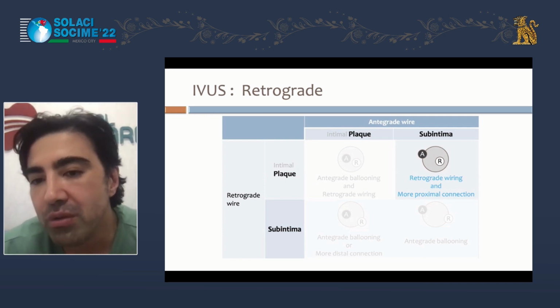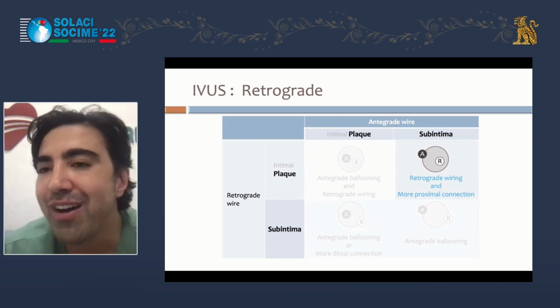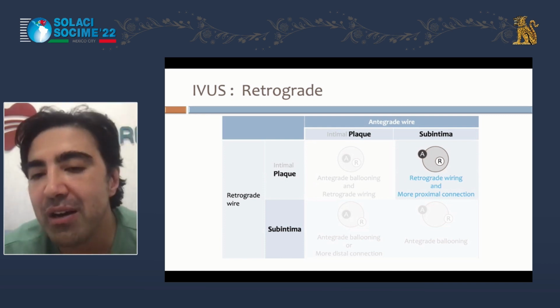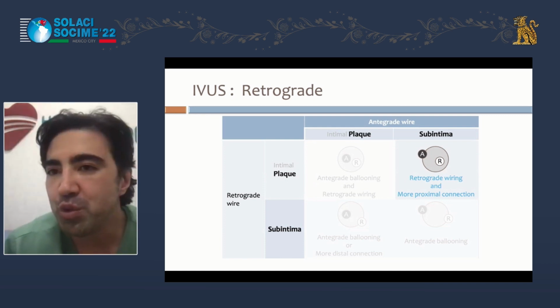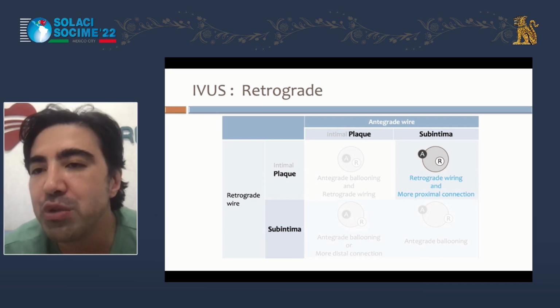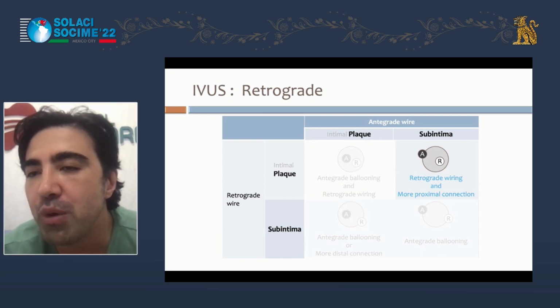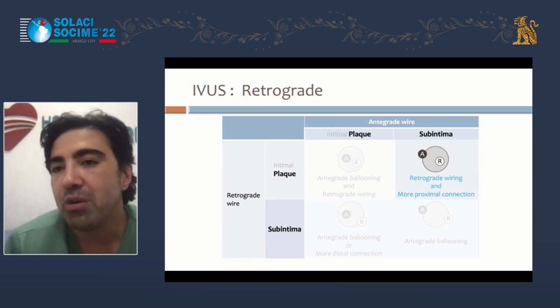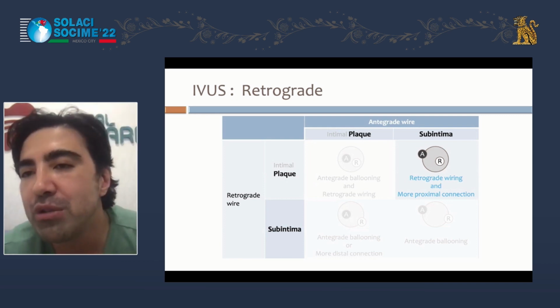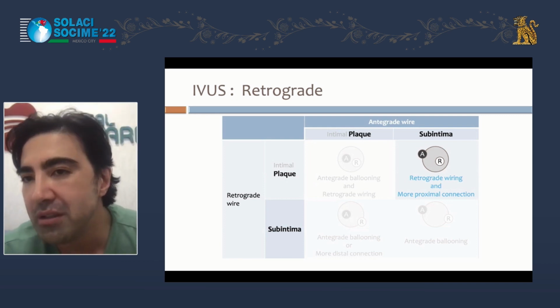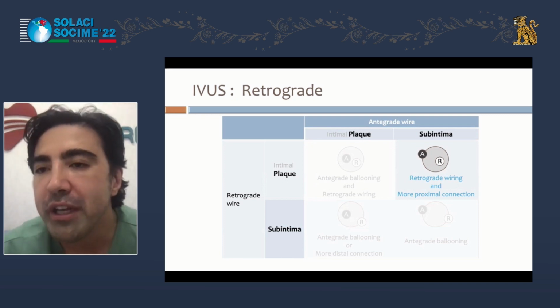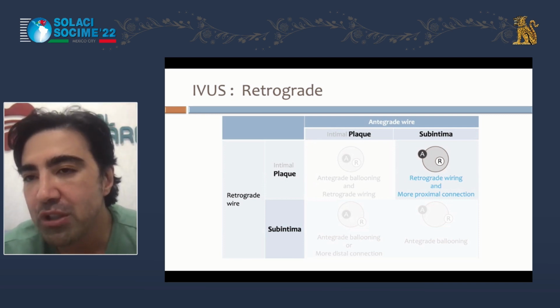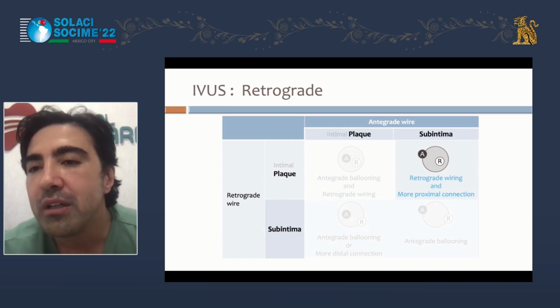What do you have to do? You have to try to find a more proximal connection, or try to put your antegrade wire in the intimal plaque, or try to put your retrograde wire in the subintimal space, to make the connection between the spaces and possibly let the retrograde wire go up.